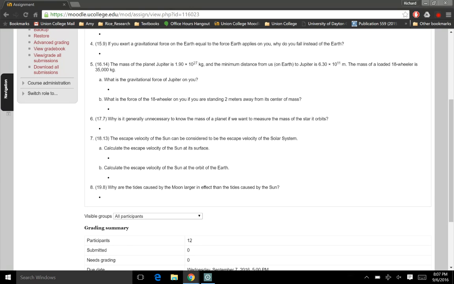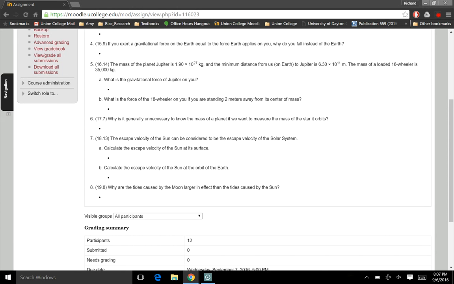I mean, they're not 4 meters wide, that's true, but it's possible for you to be that close. So you're going to do the same calculation, but now replace the mass of Jupiter with the mass of the semi, and replace the distance from Earth to Jupiter with 2 meters.